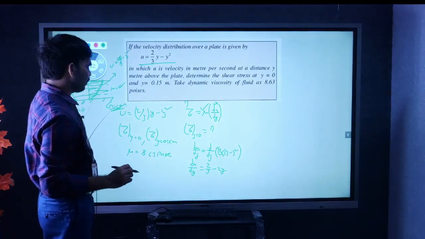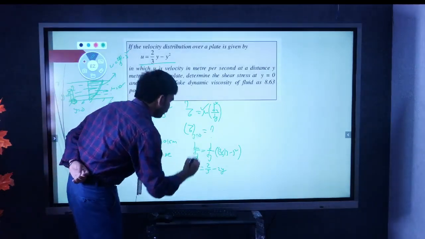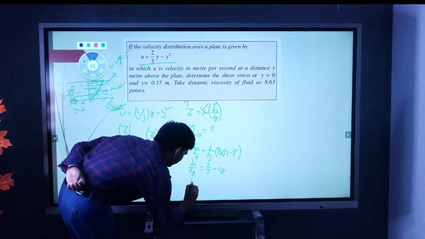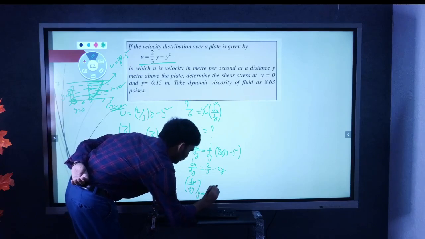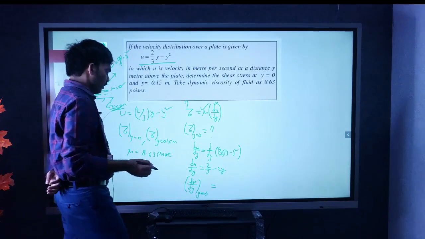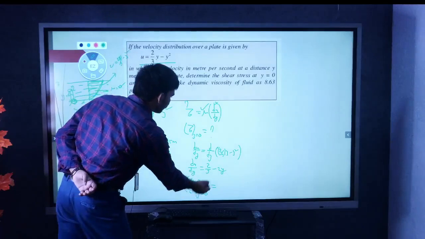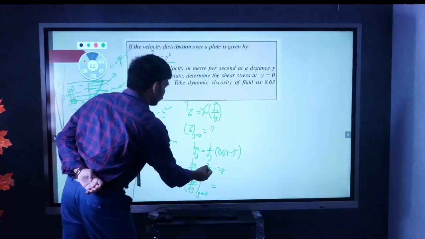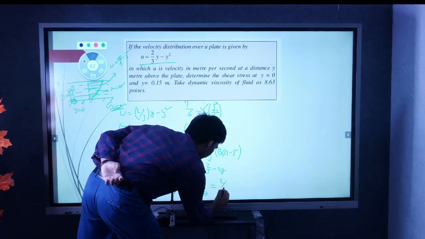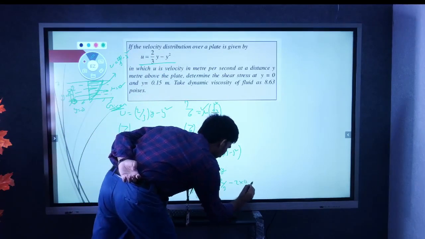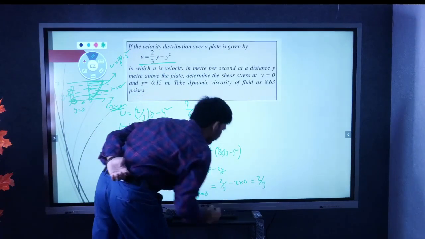You need to know du by dy at y is equal to 0. That means you have to substitute 0 for y. So 2/3 minus 2 into 0, that is 2/3.